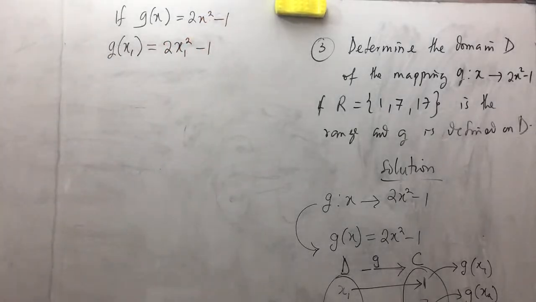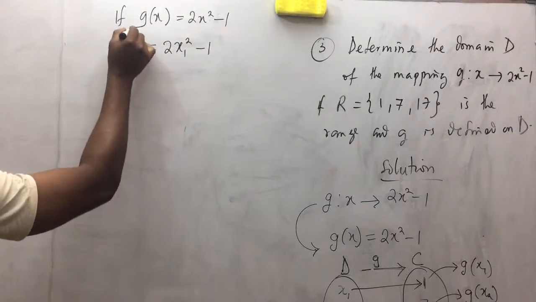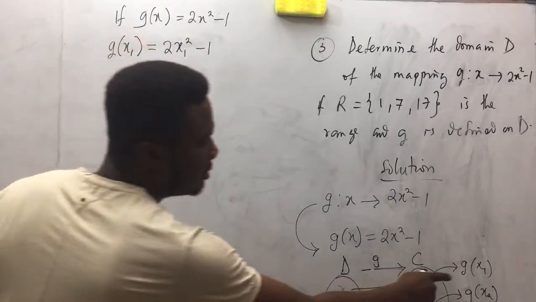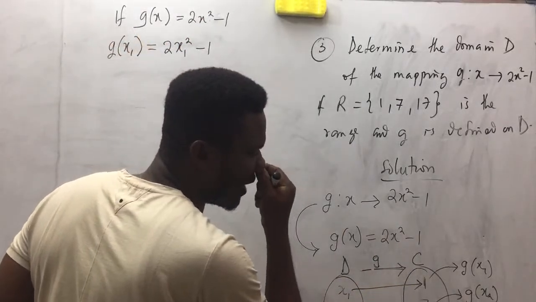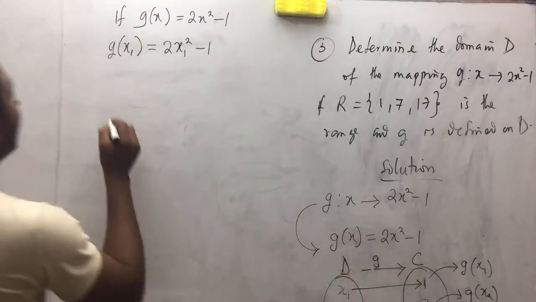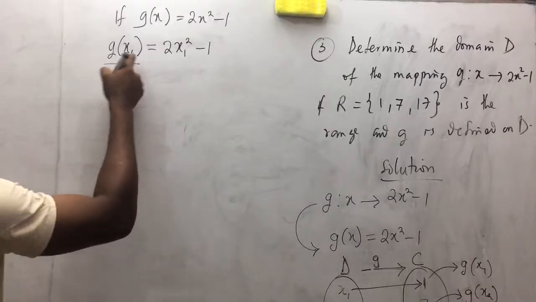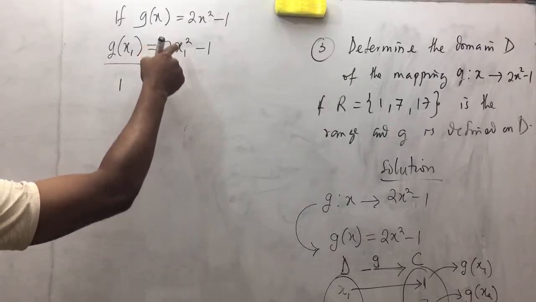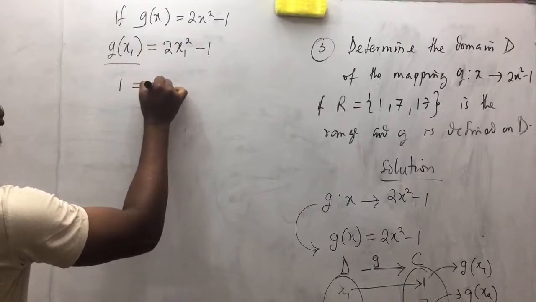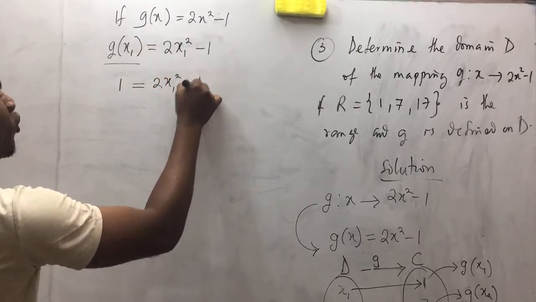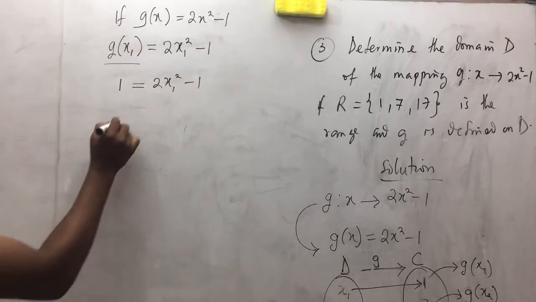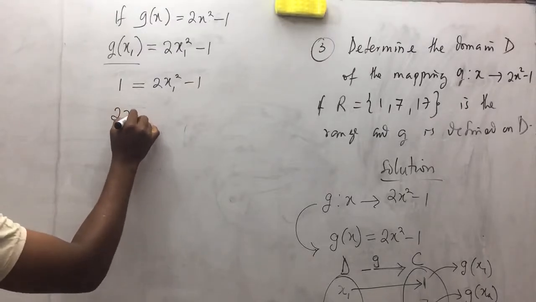But I have just discovered that g of x1 is actually 1. So in place of g of x1, I'm going to put 1. So if g of x1 is equal to 2x1 squared minus 1, it means that 2x1 squared minus 1 is equal to 1. So I would simplify further.